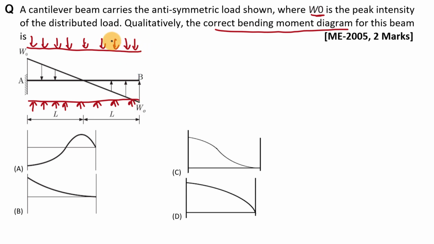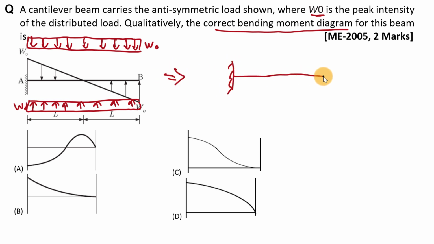And here the value of both uniform distributed loads is W0, and here also it is W0. Now let us draw the equivalent cantilever beam here.